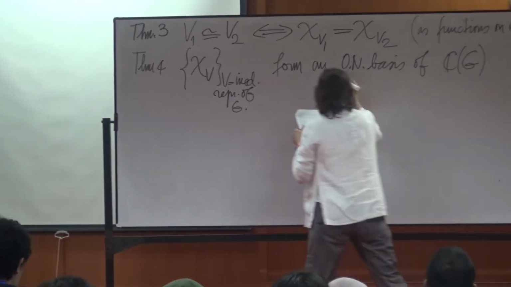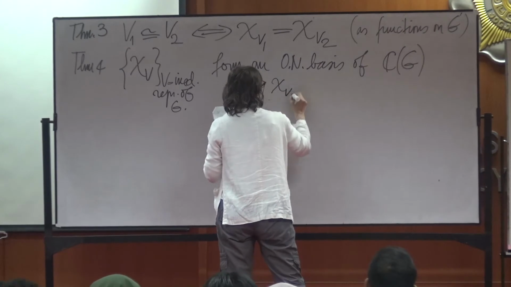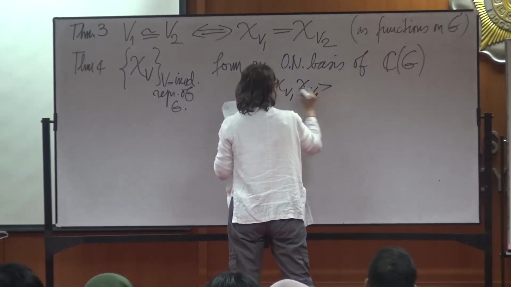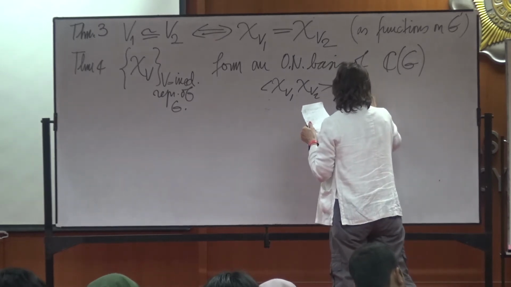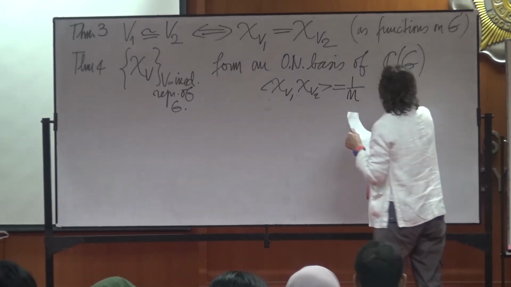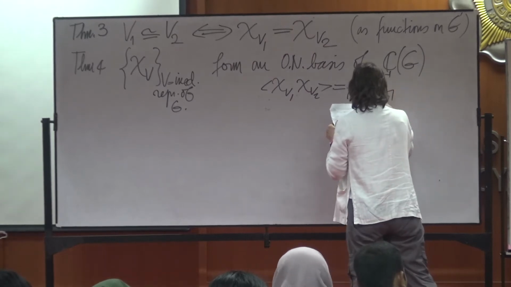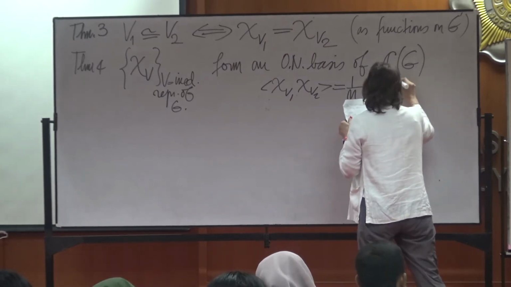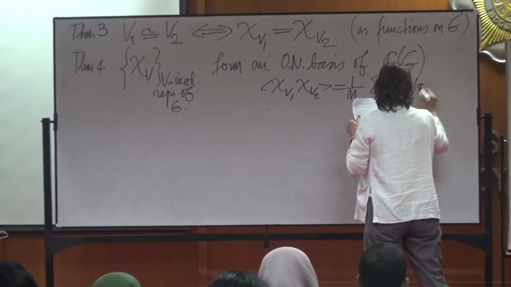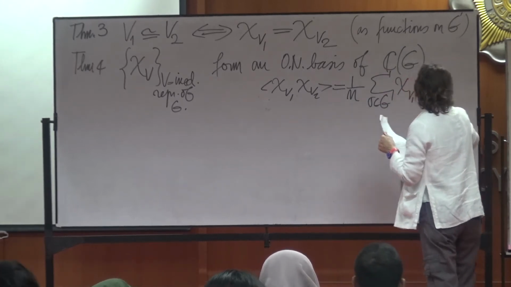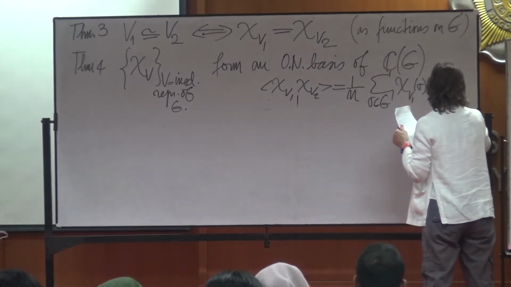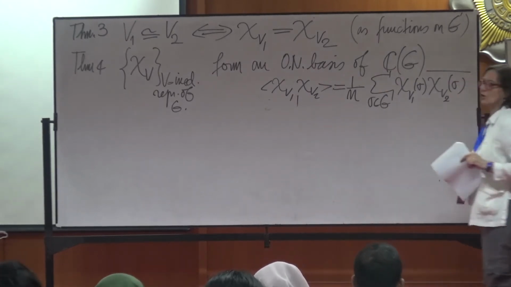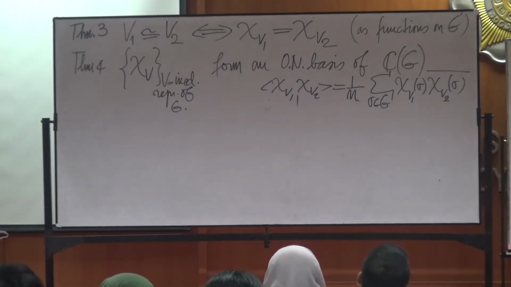If we have chi V1, chi V2, it was defined as 1 over n, where n is the cardinality of G, sum for sigma in G, chi V1 of sigma times chi V2 of sigma complex conjugate, with respect to this Hermitian product on the functions.